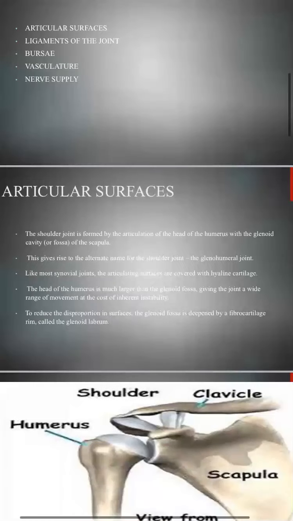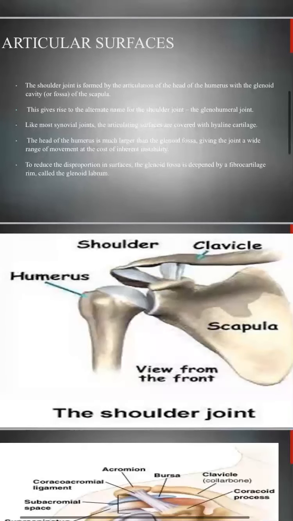So the articular surface. The joint is formed by the articulation of the head of the humerus with the glenoid cavity of the scapula. The joint is between the humerus and the scapula, and the surfaces participating in the joint formation are the head of the humerus and the glenoid cavity.